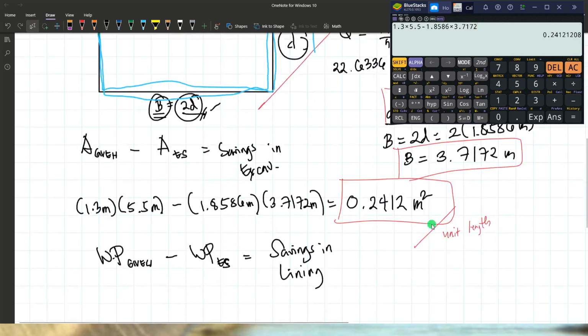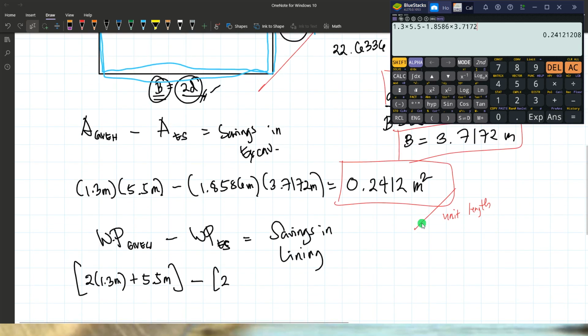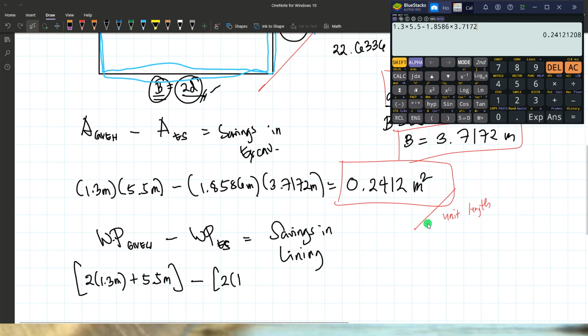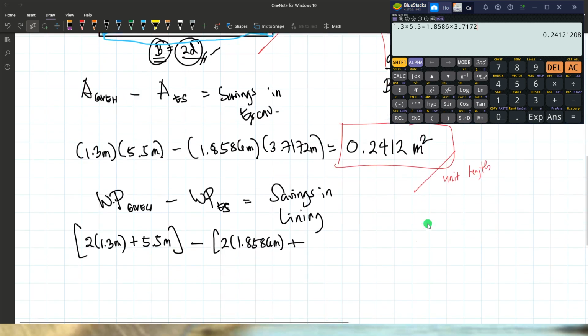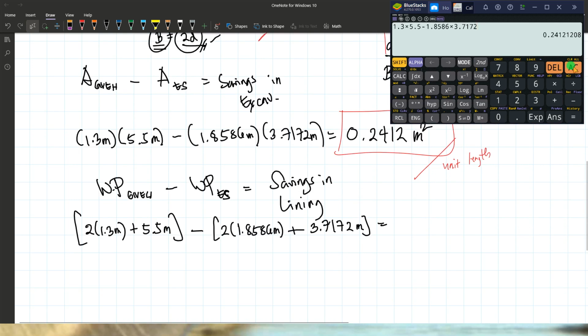So let's directly solve this. We have 1.3, 1.3, and 5.5. So that's 2 times 1.3 added to 5.5. This will be subtracted by twice the value of the depth, which is 1.8586, plus the width B, which is 3.7172 meters. So solving that, we will have our savings in lining.